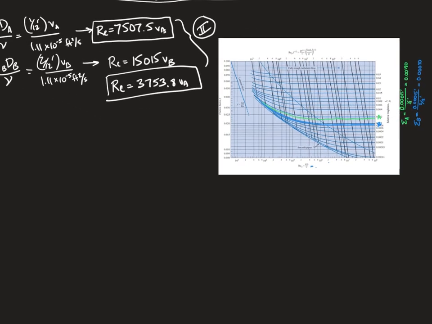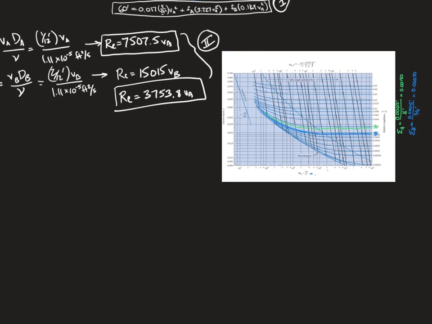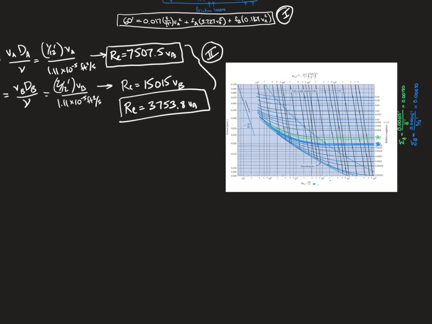So the strategy is that I'm going to guess F, or a lot of times you say assumed. There's going to be one for A, and one for B. Then from equation 1, I can get the velocities. I'm solving for VA, and VB is really coming from continuity.